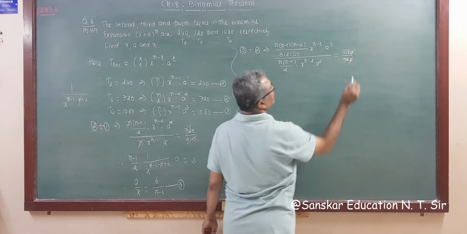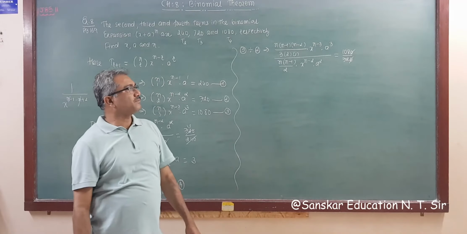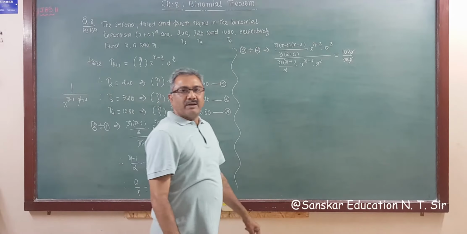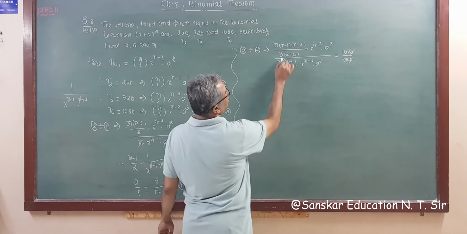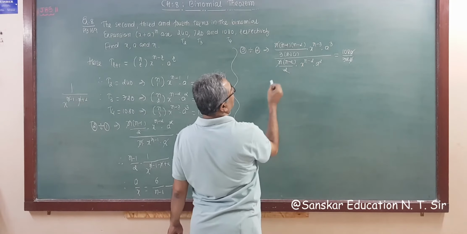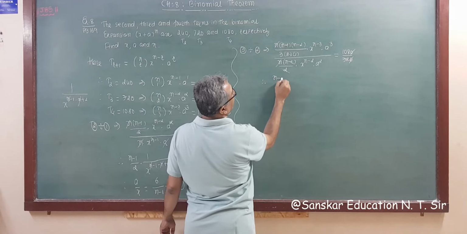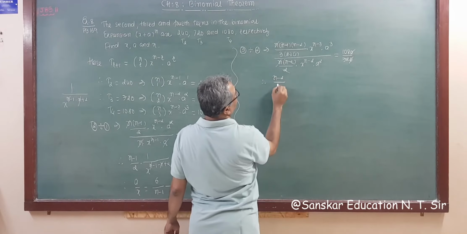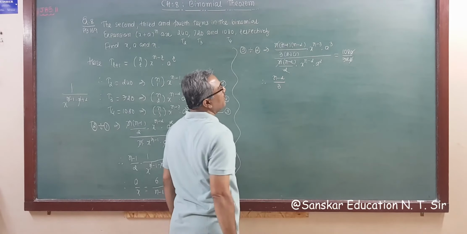Now these will be cut, so the remaining will be n minus 2 upon 3.